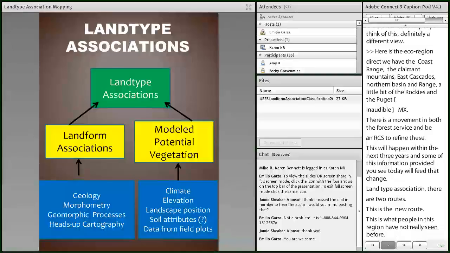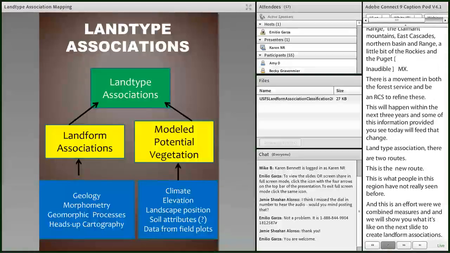And I'll show you what it's like on the next slide, to create what we're calling landform associations. So this is the new term, and I feel like this is the geoecology of the region. And if you understand this, just through our naming structure, you can go out and have a sense of what you might find before you even hit the ground.